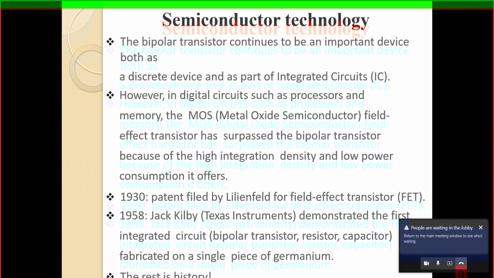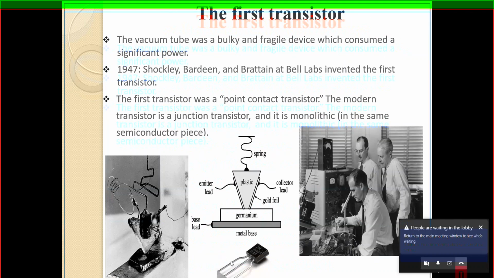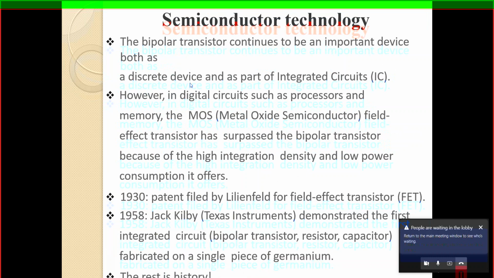There are three terminals, involving holes and electrons, the P and N types. The bipolar junction transistor can be implemented in integrated circuits.